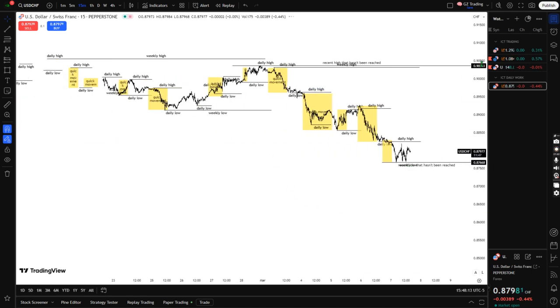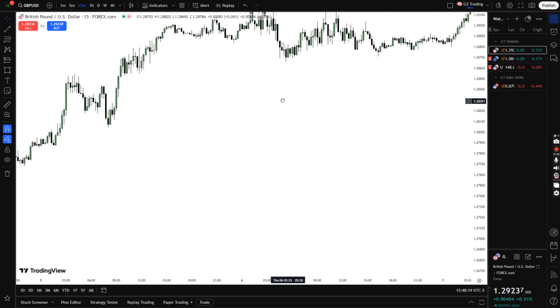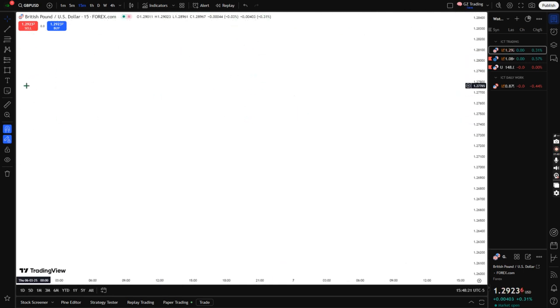So now let's talk about risk ratio. I'm going to get into this chart, which is fully white. Okay, so let's talk about it.